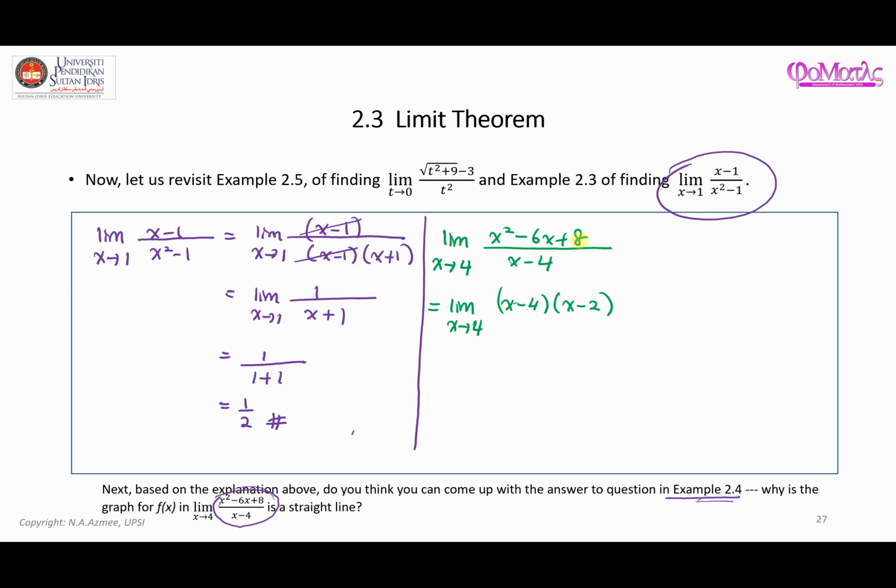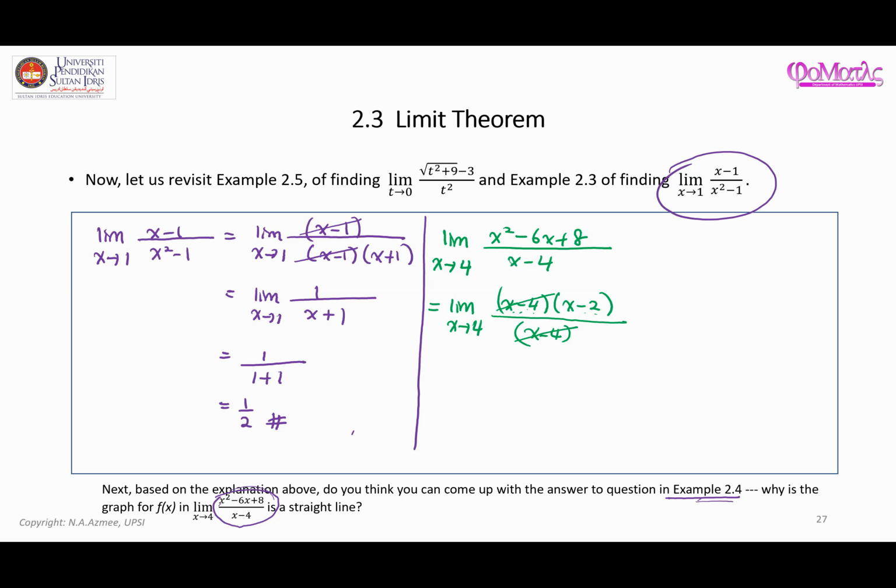Negative 4 times negative 2 gives positive 8. So this expression can be factored into two terms. And here we have x minus 4 at the bottom, which you can clearly see can be cancelled out. So we have a linear function, x minus 2.